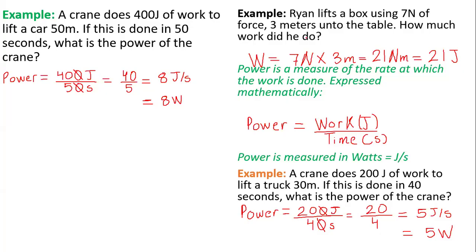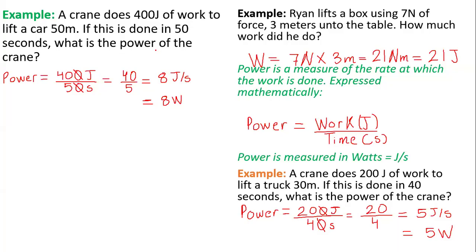So we know how to figure out work, and we know how to figure out power. What is power measured in? Watts. Very good. Power is measured in watts. And what's the formula for power? Work over time. Very good.